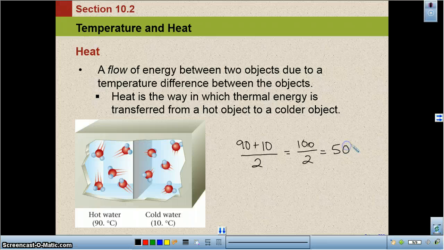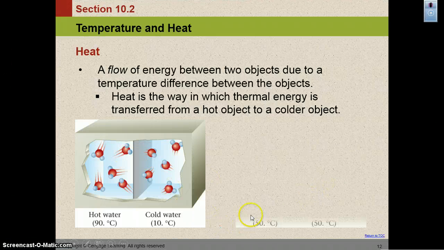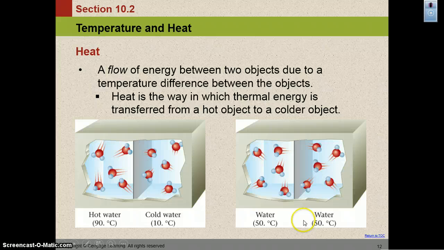So this process is going to go on until we reach 50 degrees Celsius in each container. In your book, the formula they give you says the final temperature is equal to the initial temperature of the hot plus the initial temperature of the cold, divided by 2. And if we take a look at the next picture, we see that the transfer has occurred and has completed, because the water on the left side is equal to the water on the right side.